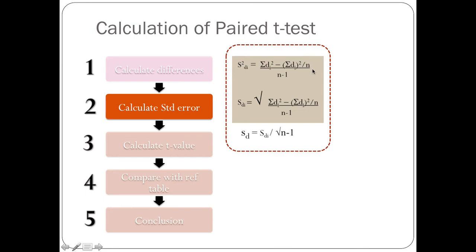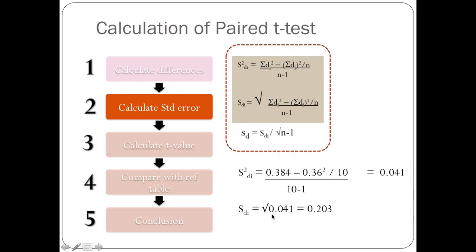What is the n here? It's 10. So divide by 10 minus 1, which is 9. This is the answer, 0.041. The second step is to get the square root of this.